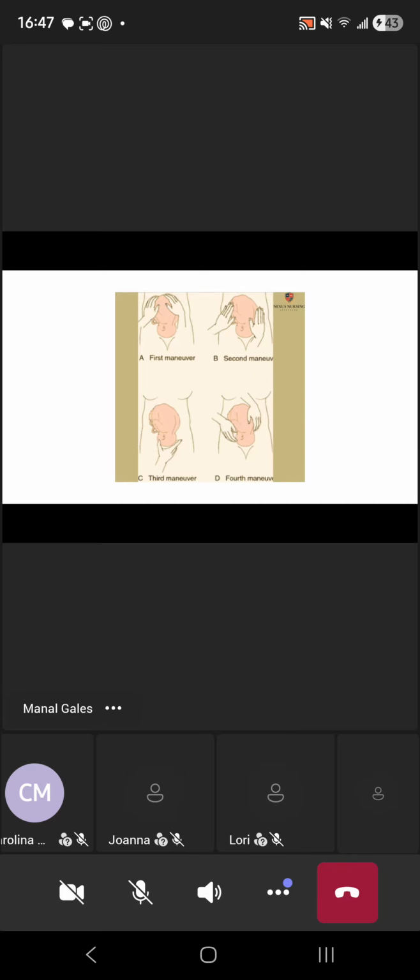Basically the back points to where the occiput is. Exactly, because the back is on the same side as the occiput. So if the back is right, it will be ROA. Good job, Justin. It's a good hint. If the back is left, it will be LOA because the occiput follows the back. Okay. Good job, guys.